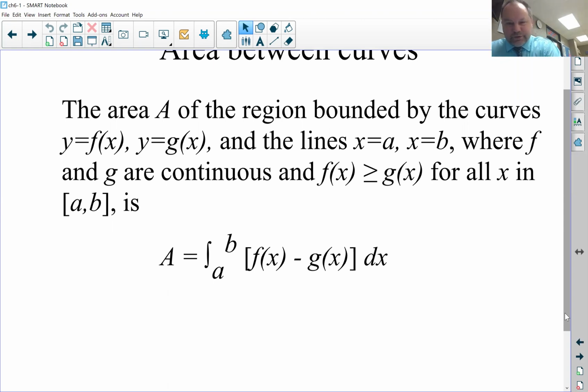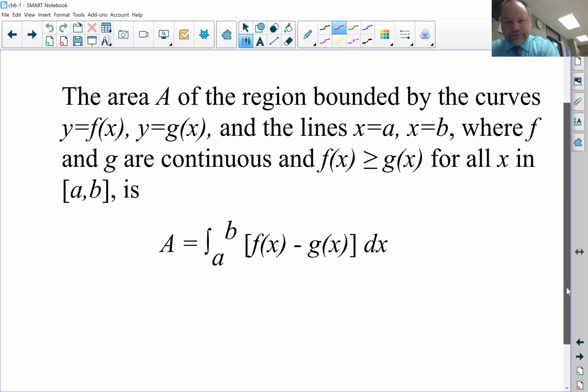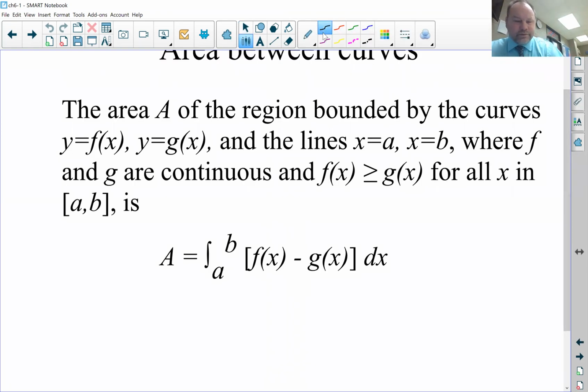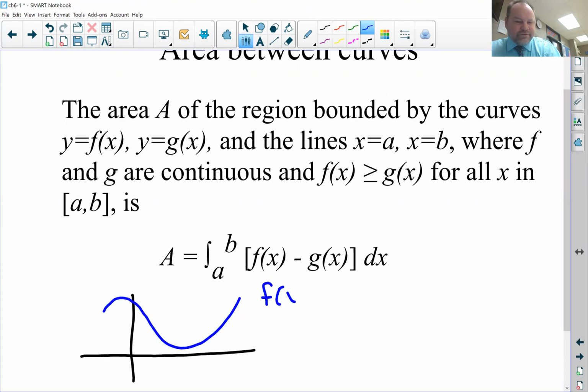So a little picture of what this is saying. We have some graph f of x. We have some graph g of x.